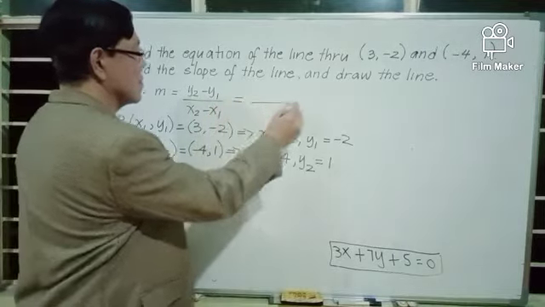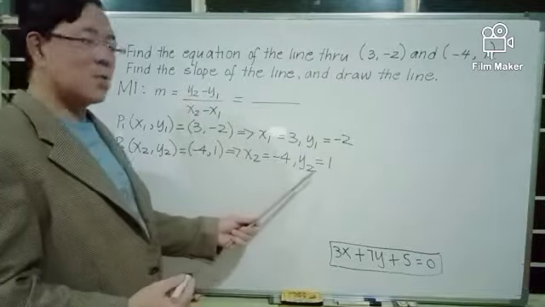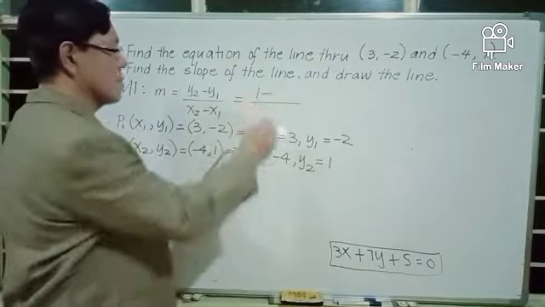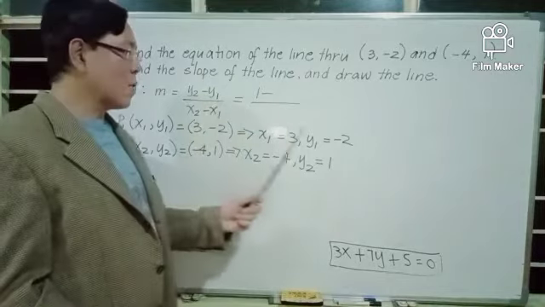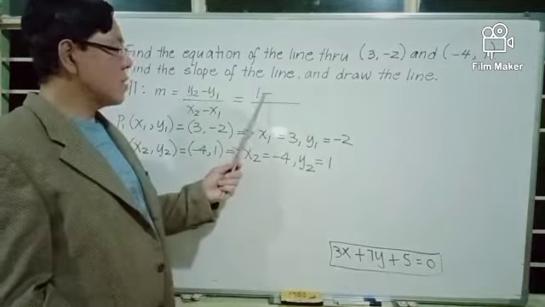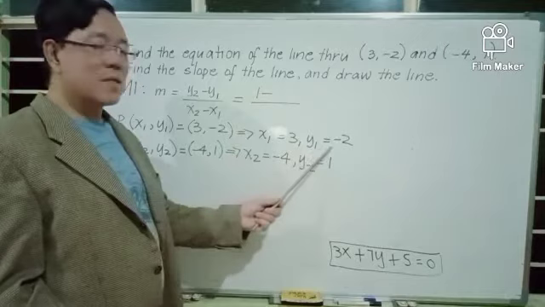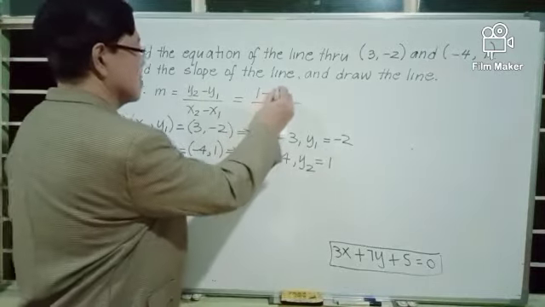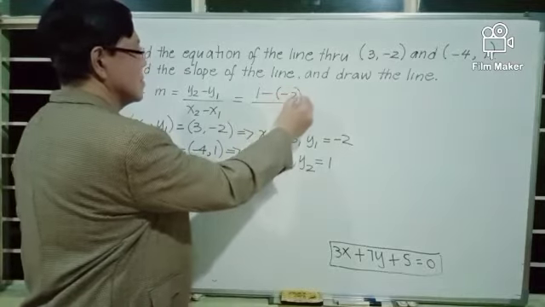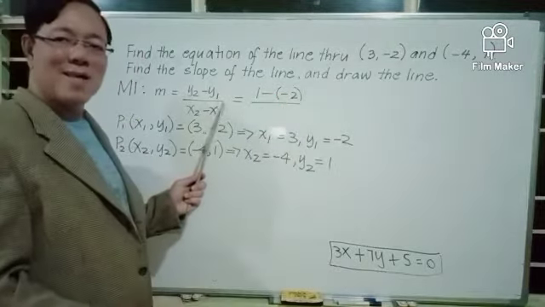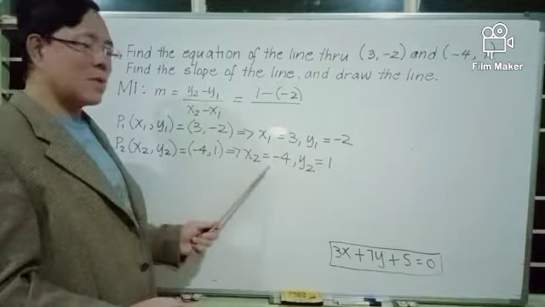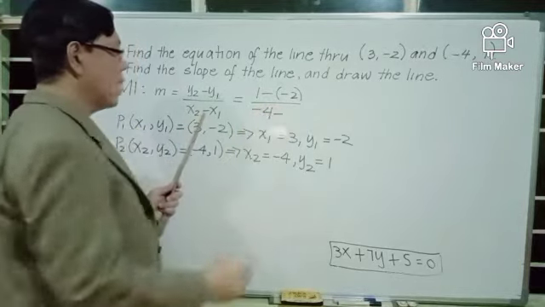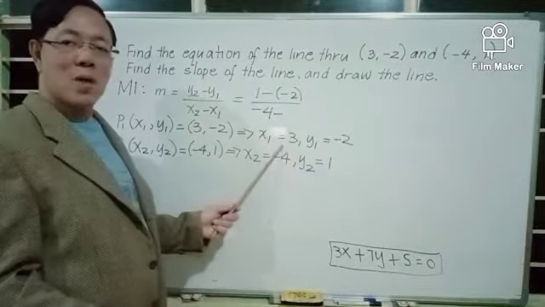m equals y2, which is 1, minus y1, which is negative 2. Because we have minus here and our y1 is negative 2, we write negative 2 in open close parentheses. Divide by x2. x2 is negative 4. Minus x1. x1 is 3.